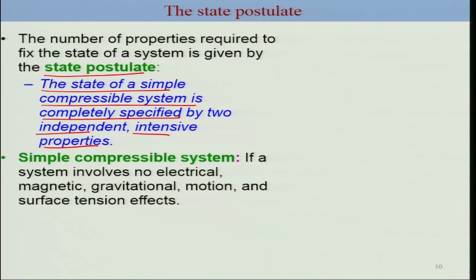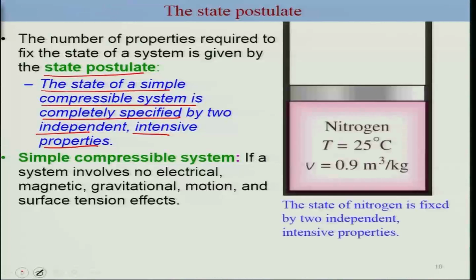Okay. Now what is a simple compressible system? It is a system which involves no electrical, magnetic, gravitational and surface tension kind of components. If you have those, then you have to include another variable in order to define the state. Now this is an example of a specific state where just two variables have been defined, temperature and specific volume.